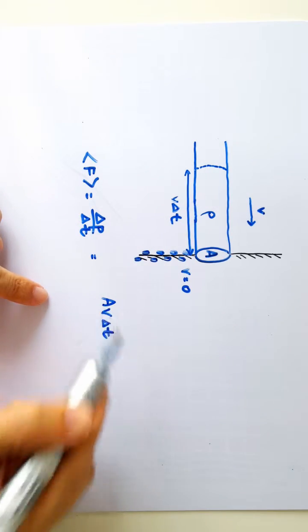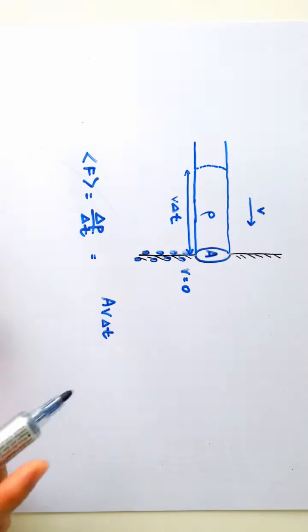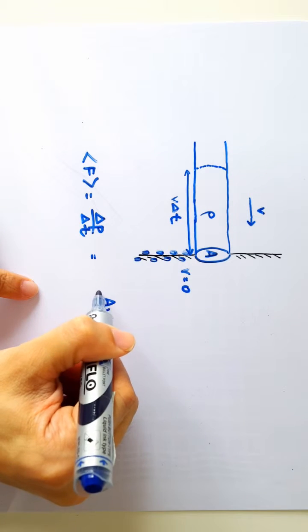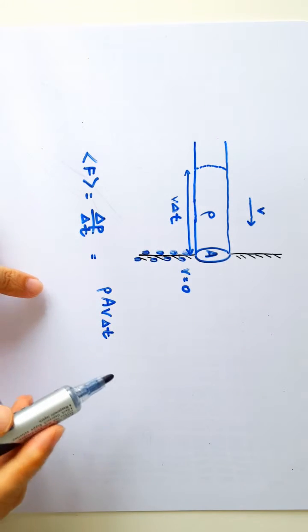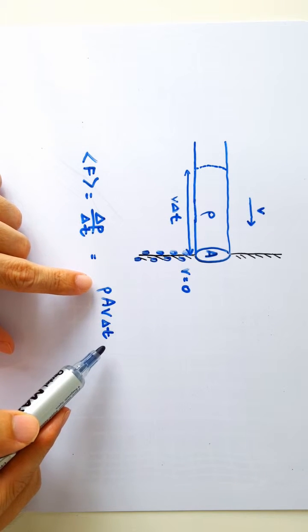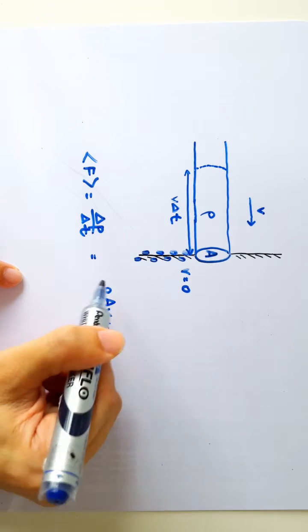So this is the volume of this cylindrical volume of water. If this is the volume, then if we multiply it with the density, we'll get the mass. So this is the mass of water that hits the wall every delta t, right?